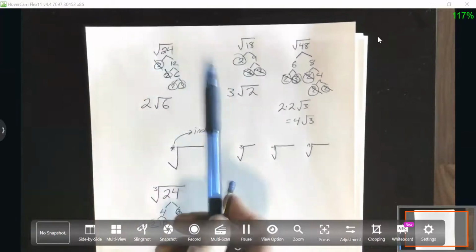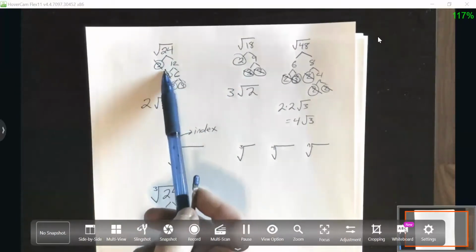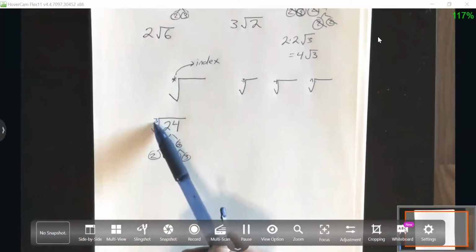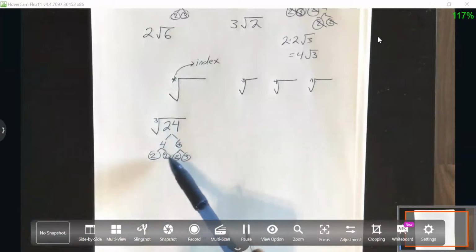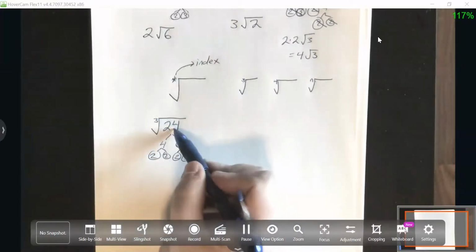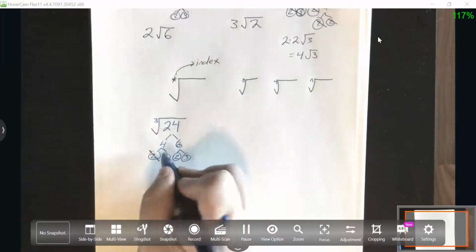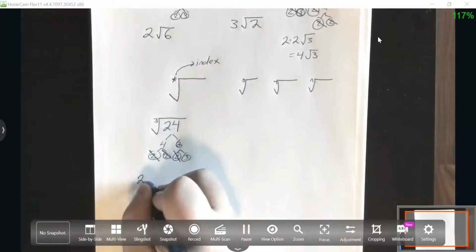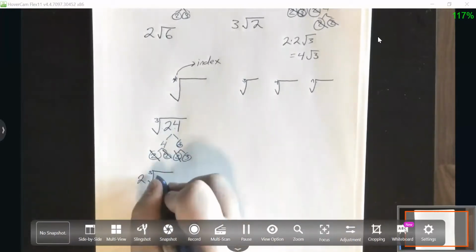Before, when we had square roots, we had to have a pair of numbers for one to come out. For any other root, we need to match the index. The little index here on a cube root tells us how many numbers there have to be before one can come out. Since we're looking at the cube root of 24, we need 1, 2, 3 of something before that 2 can come out. And we'd be left with a 3 behind.